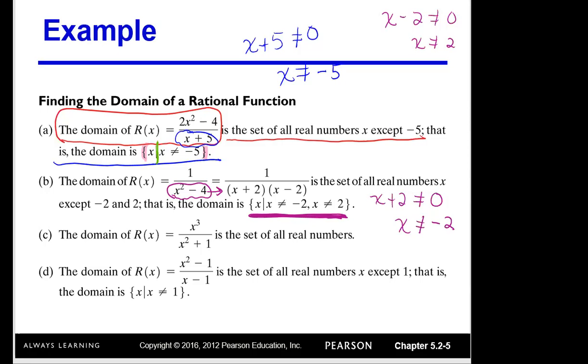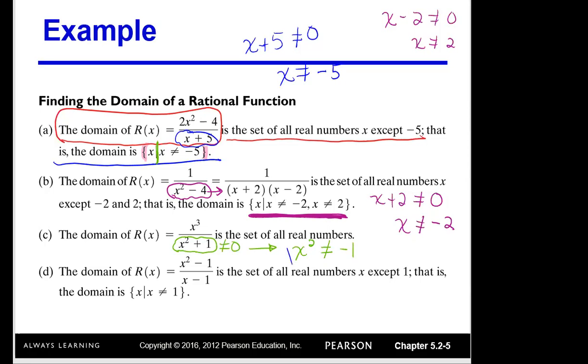All right, now when we get to part C, C has a denominator of x squared plus 1. Now, if you say, okay, x squared plus 1 is not allowed to equal 0, and then the next step would be subtract 1 from both sides, you'd say that x squared is not allowed to equal -1.